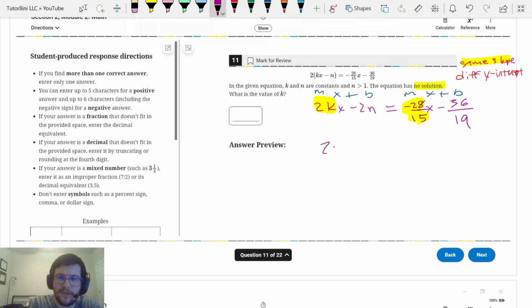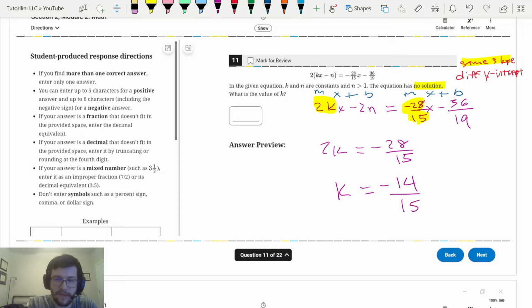Okay, so we have 2k equals negative 28 over 15, and fraction math is confusing, but you can just type that on a calculator. So negative 28 over 15 divided by 2, and the calculator tells me negative 14 over 15.